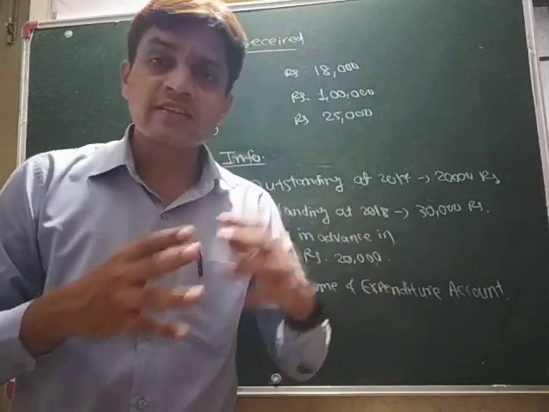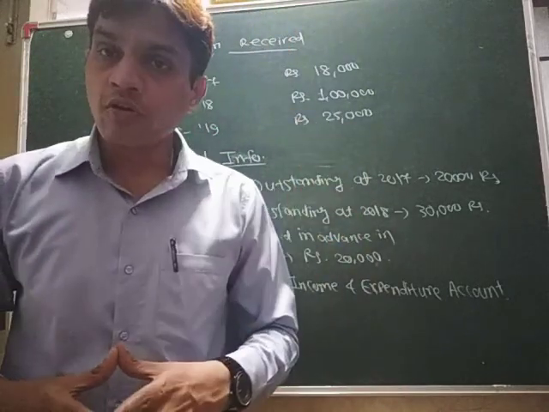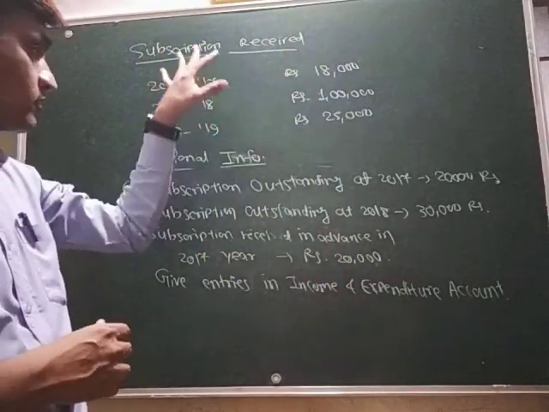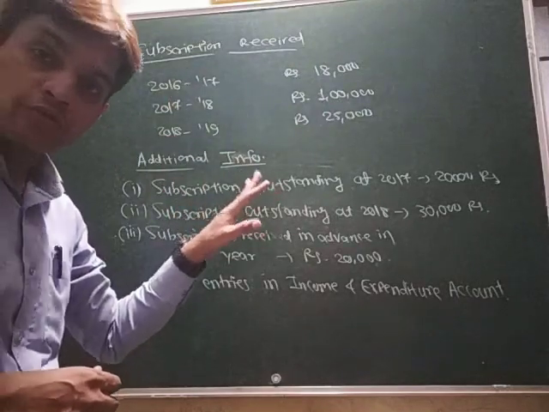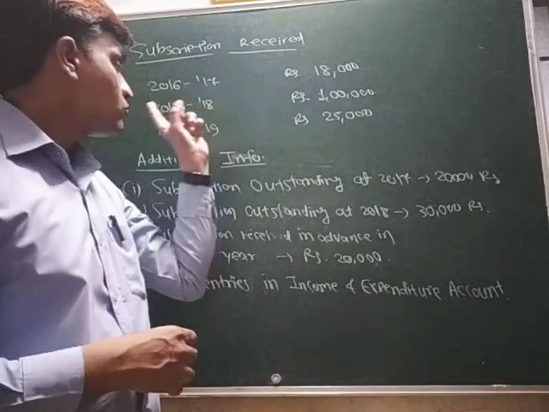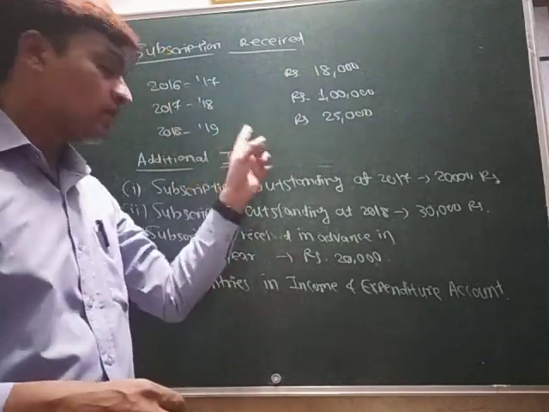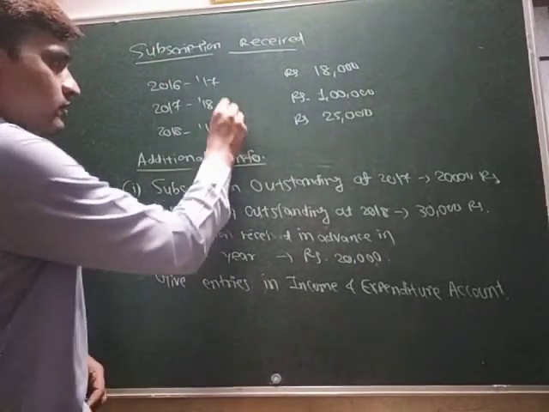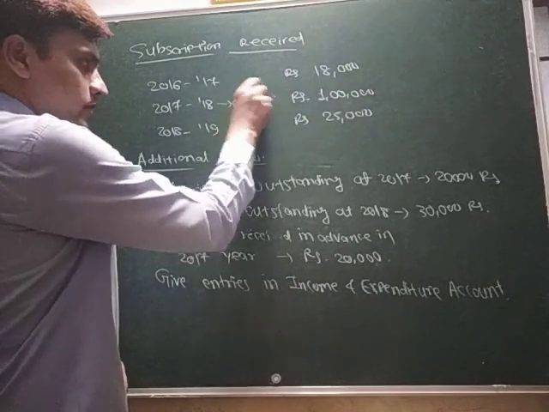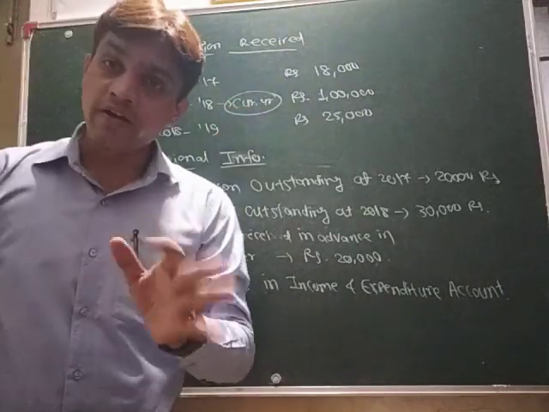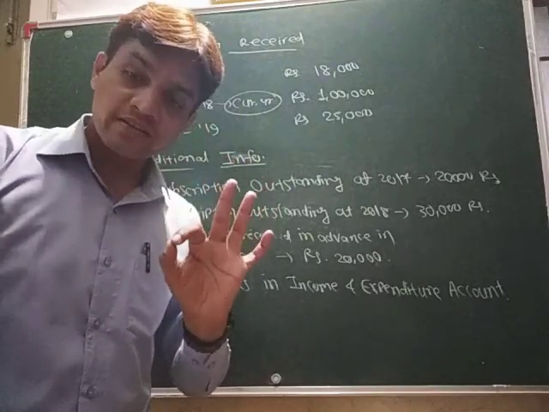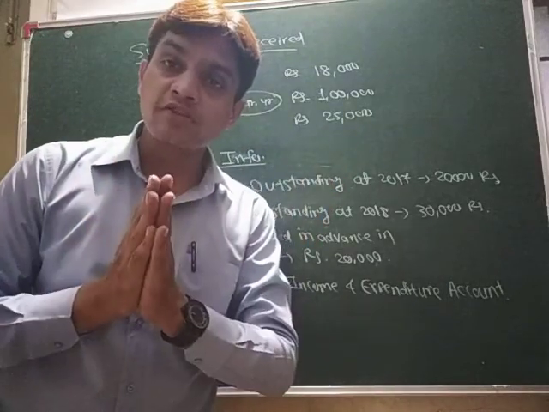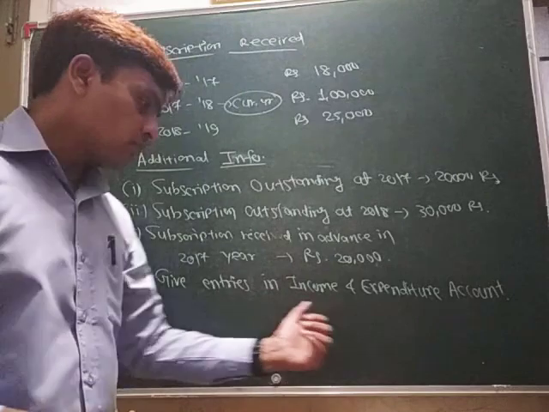This is the problem which is given on the board. You can see subscription received. Three years of subscription are given to you: 2016-17, 2017-18, and 2018-19. The year 2018-19 is the current year, so we have to consider this and, by considering this, do the remaining subscription entries in the income and expenditure account.